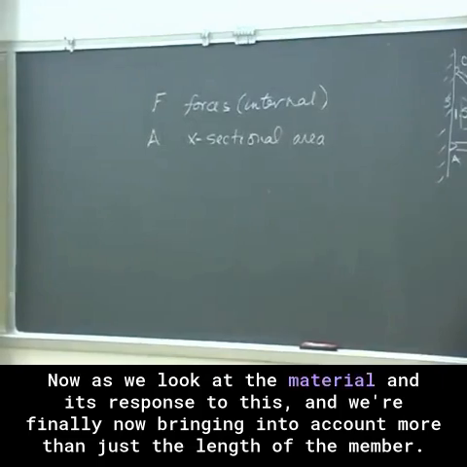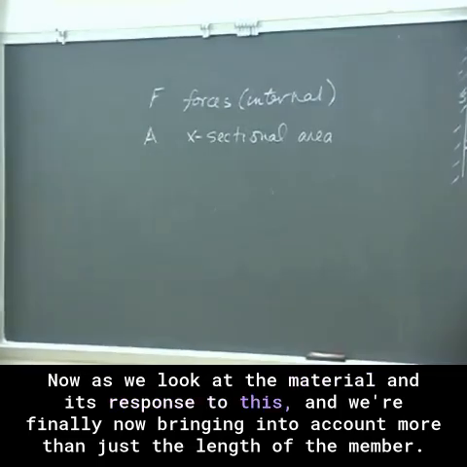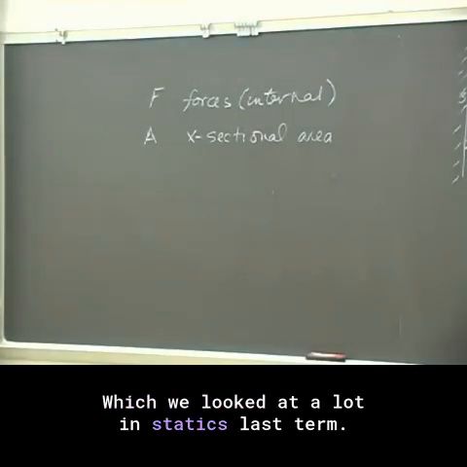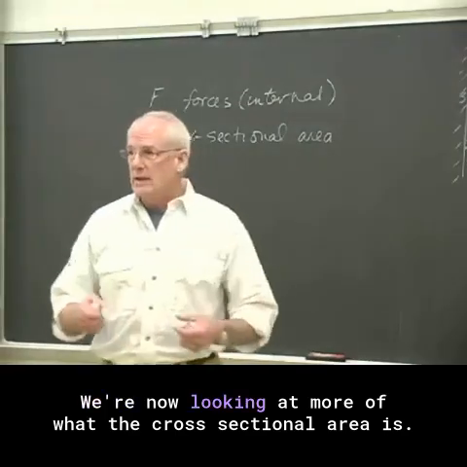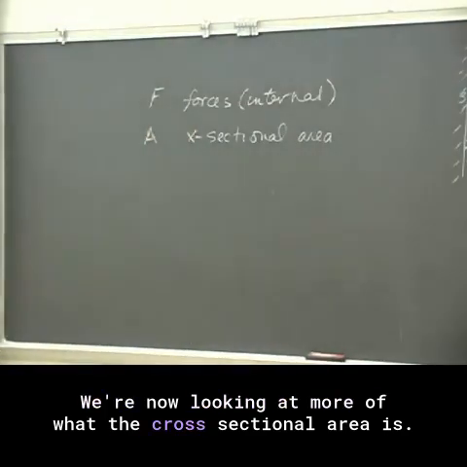Now, as we look at the material and its response to this, we're finally bringing into account more than just the length of the member, which we looked at a lot in statics last term. We're now looking at the cross-sectional area.